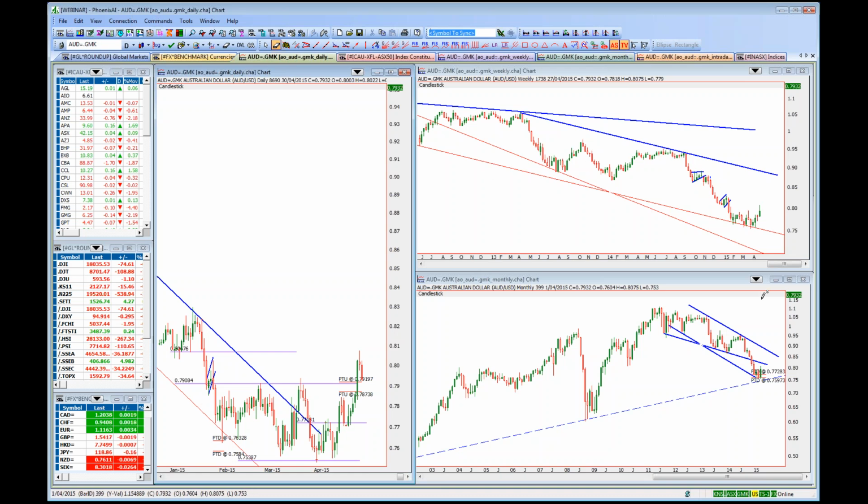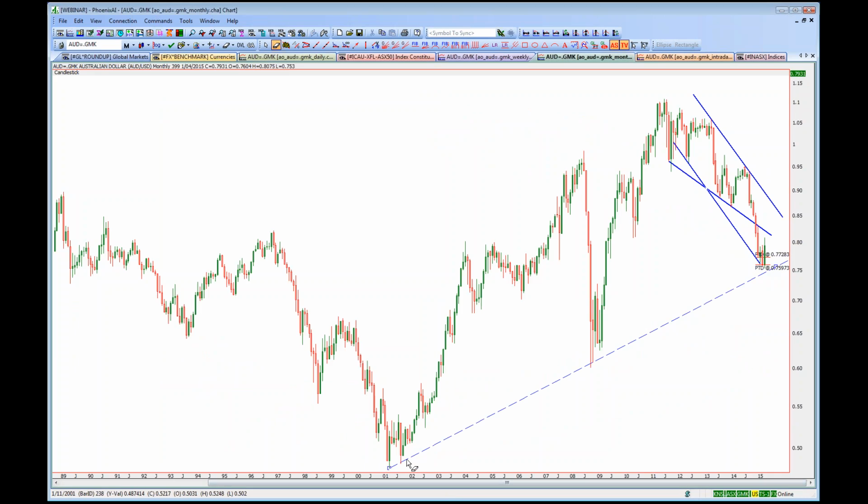Okay, let's look at the monthly. Draw the line right from the bottom, major support area, and lo and behold, stopped around there. Okay. Also, we draw touching the tops, clone that, and this is the top, the bottom line here. Okay, we thought maybe this could be coming down to a support area, but broke right through it, and look, it's right on this intersection now, major consolidation phase.